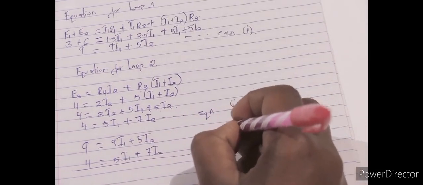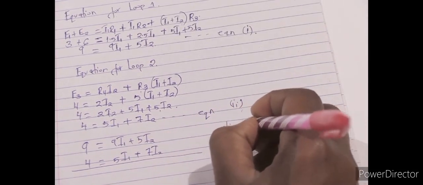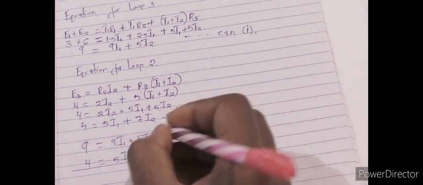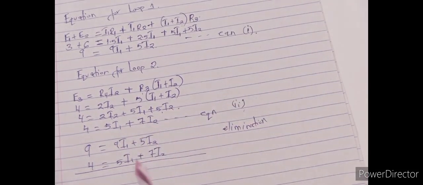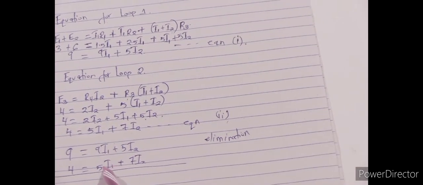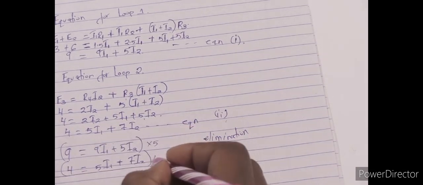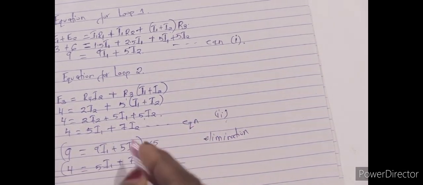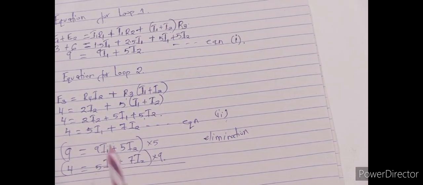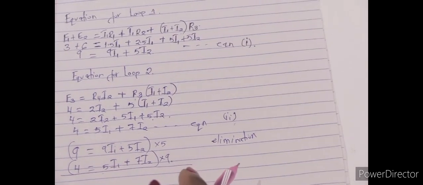I'm going to use elimination. So let us eliminate I1. How do we eliminate I1? By multiplying the first equation by 5 and the second equation by 9, in order to make the I1 terms the same and eliminate.